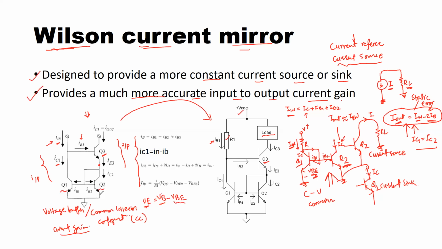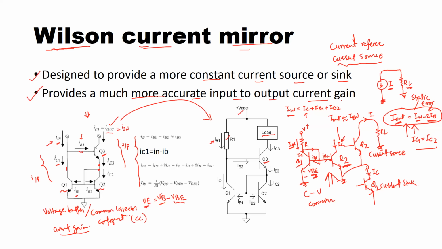And there is a sort of negative feedback from the emitter of the transistor Q3 back to the base of Q1, and therefore we get this collector current in the branch of Q1, which helps us control the base current of Q3, and eventually IC3, the output current, will be I out. We'll show in a moment that I out is equal to I in, approximately, more closely matching the input current.